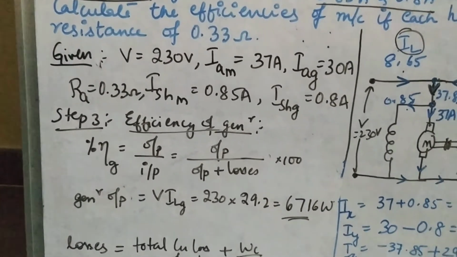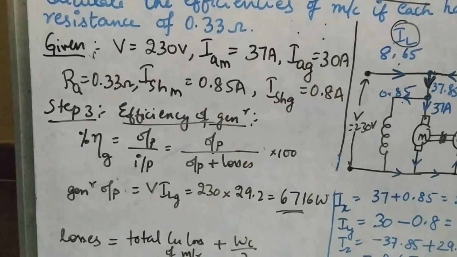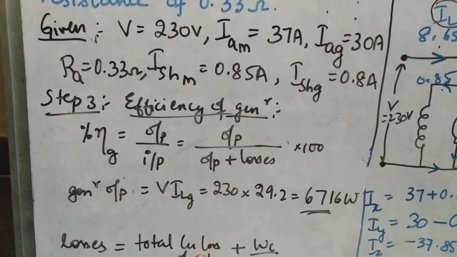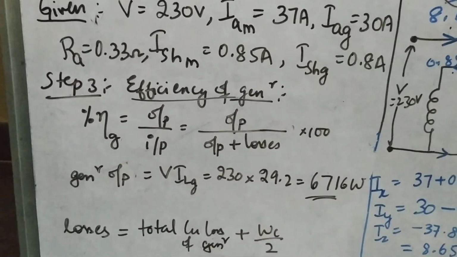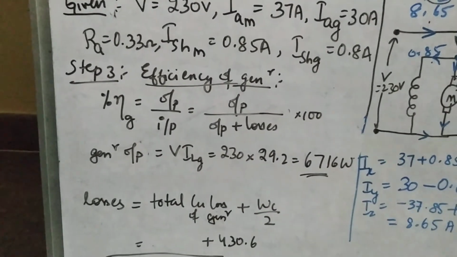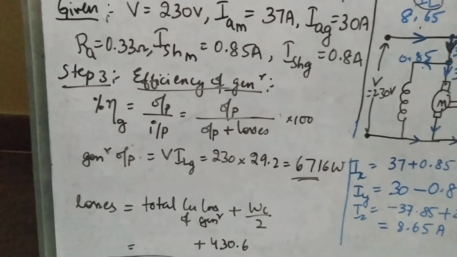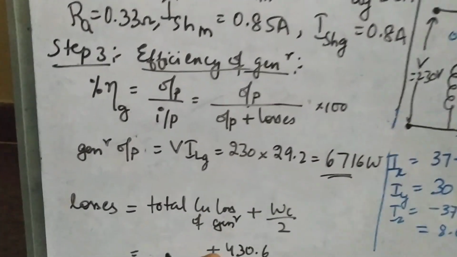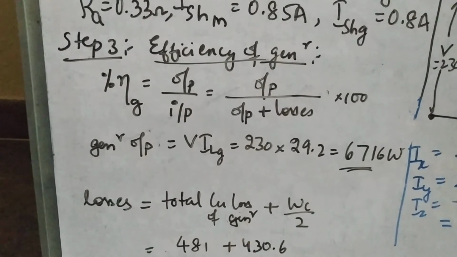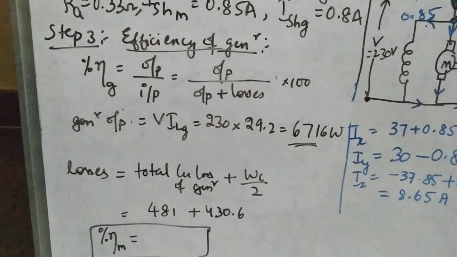Next, coming to the total losses. The total losses will be the total copper loss of a generator plus the stray loss per machine. So what was the total copper loss of a generator? It was nothing but 481. Okay, 481 plus 430.6.